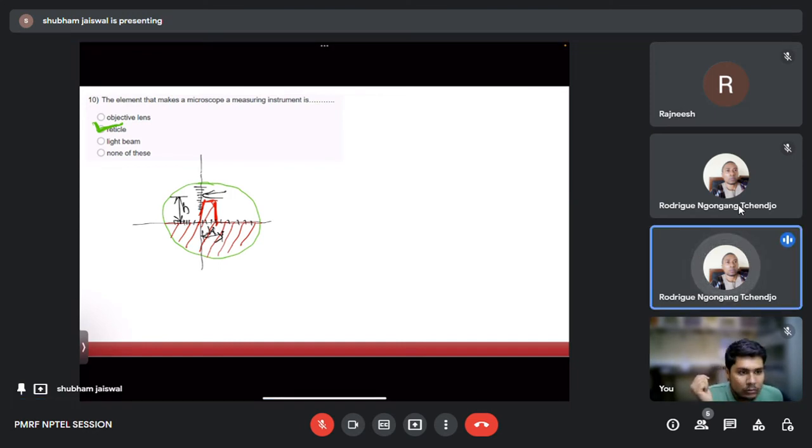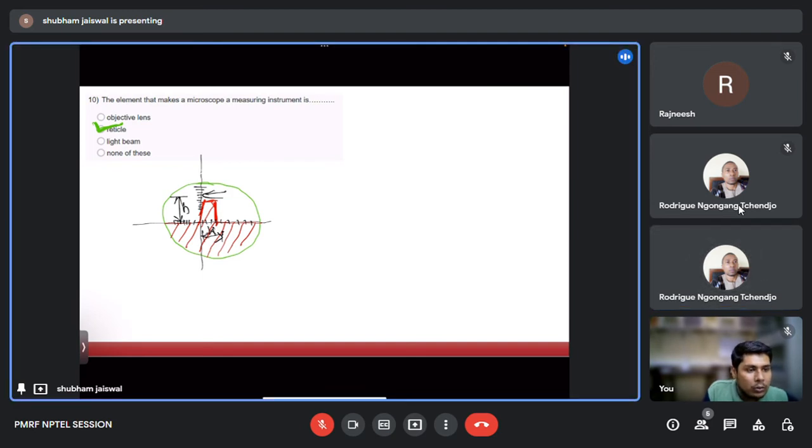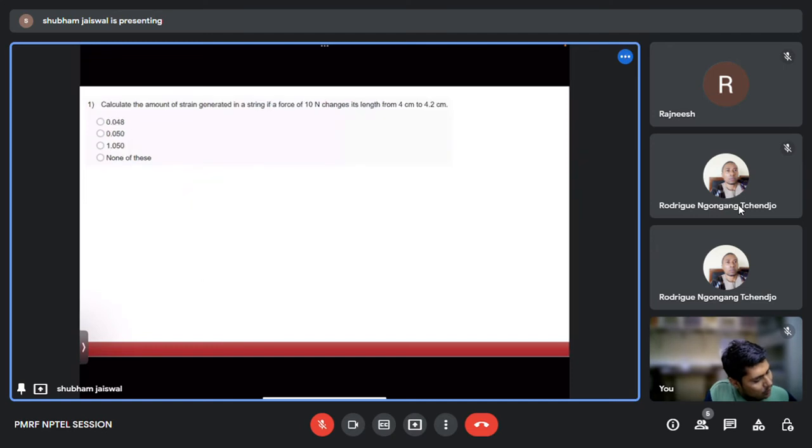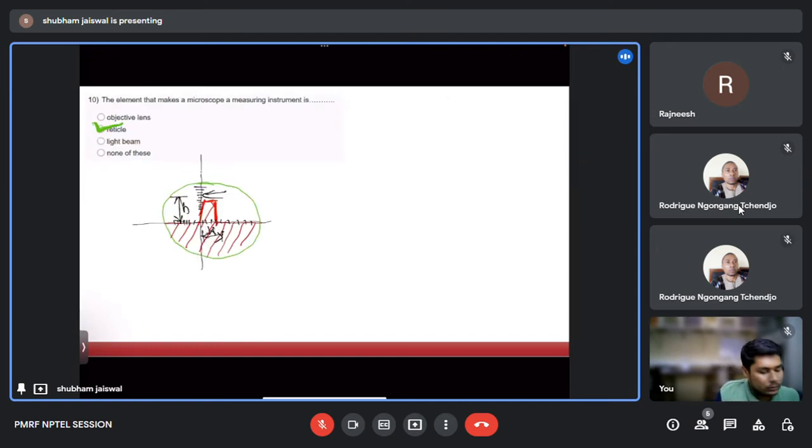What is the objective of the objective lens? The objective lens we use for the magnification, through which we see and magnify the image. Let me draw a quick microscope for you.